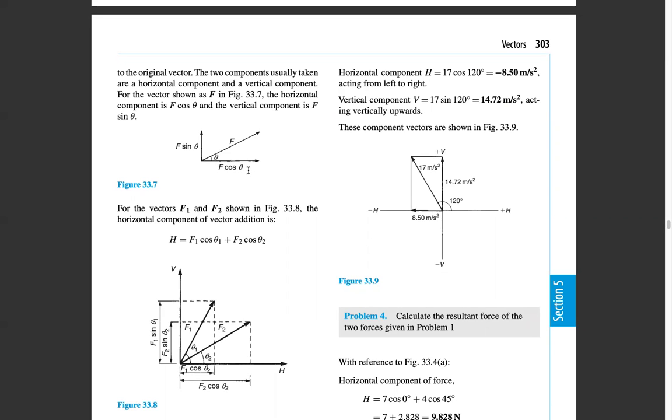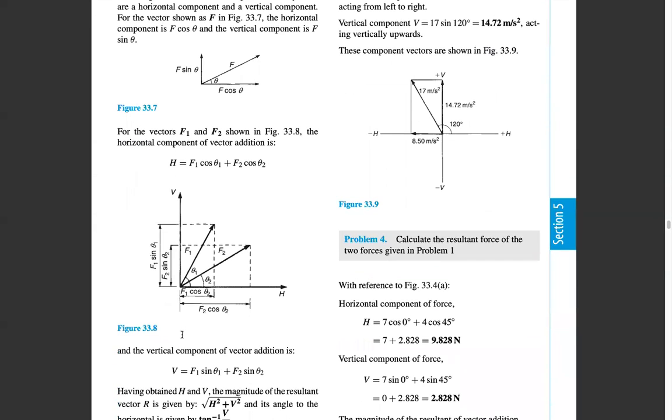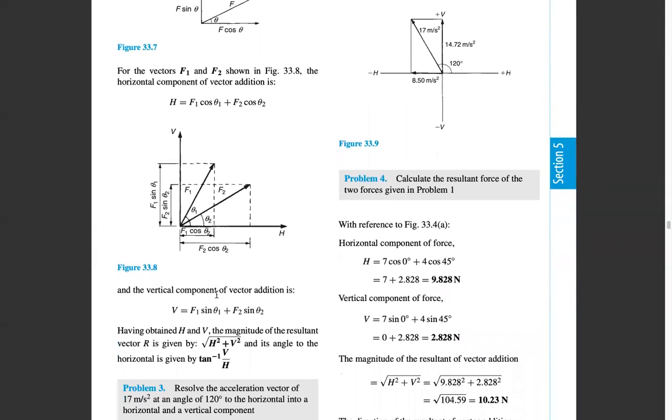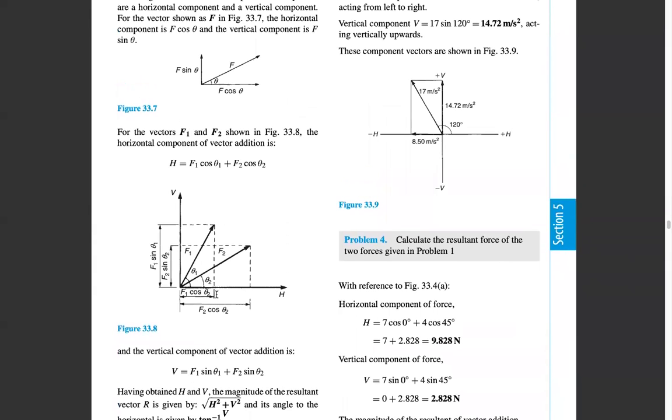So if you have two forces, F1 and F2, just add up the two vertical components to get the total vertical and add up the two horizontal components to get the total horizontal. And then you use Pythagoras theorem to find the resultant, and for the angle, you use arctan.